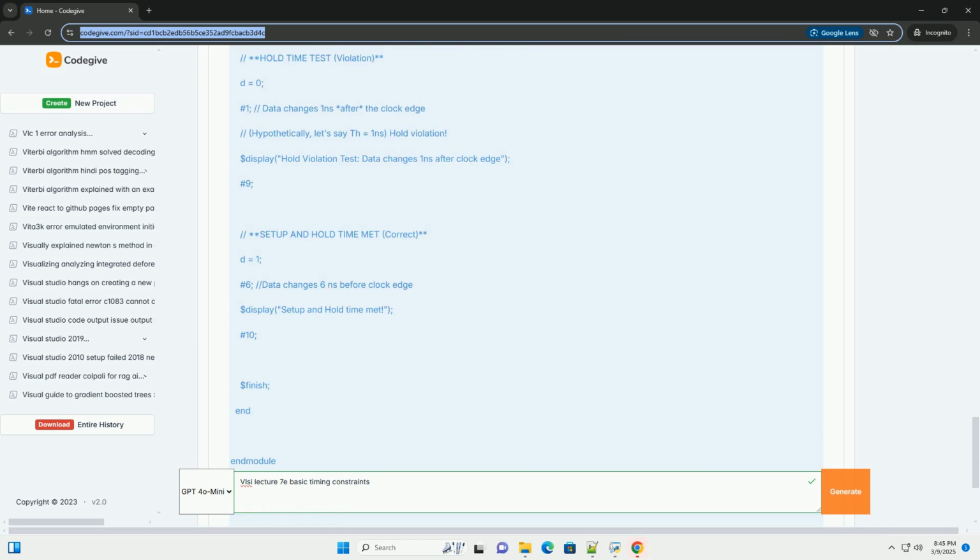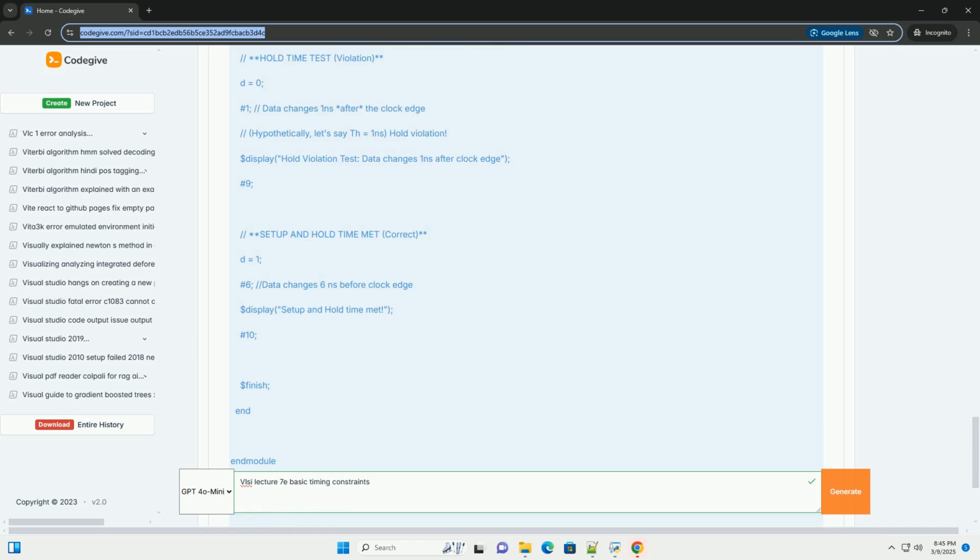How to simulate and analyze. Important note. Simulation tool: you would simulate this Verilog code using a simulator like ModelSim, QuestaSim, Icarus Verilog, or a similar tool. SDF, Standard Delay Format: to realistically simulate setup and hold time violations, you would typically use an SDF file.